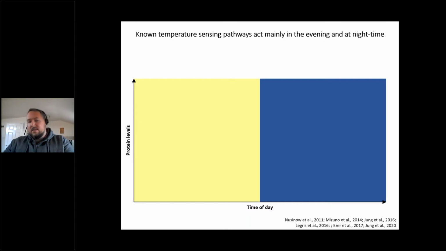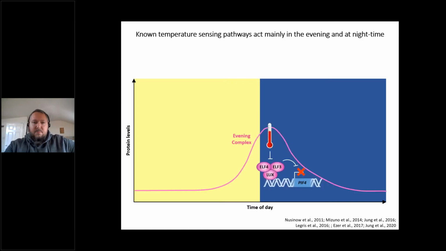Over the last, let's say, 4 or 5 years, two temperature sensing mechanisms emerged. One involves the so-called evening complex, which is a protein complex made up of the ELF3, ELF4, and LUX proteins. Just recently, it has been shown that ELF3 in itself is a bona fide temperature sensor through its prion-like domain.